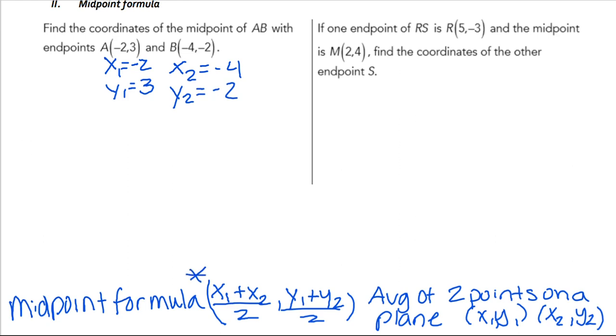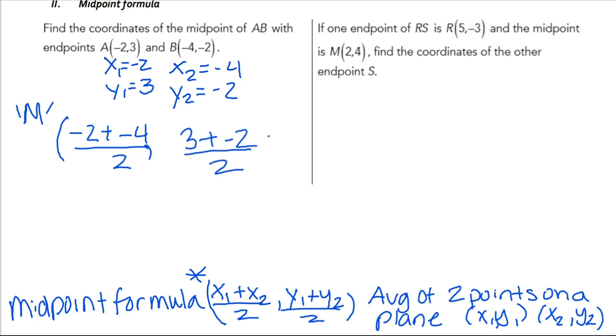Remember that midpoint is also M. So point M, you don't need those equal signs, is going to be (-2 plus -4 divided by 2, comma, 3 plus -2 divided by 2).